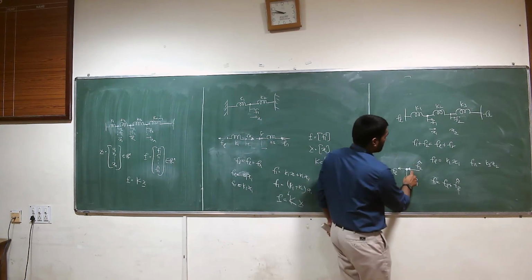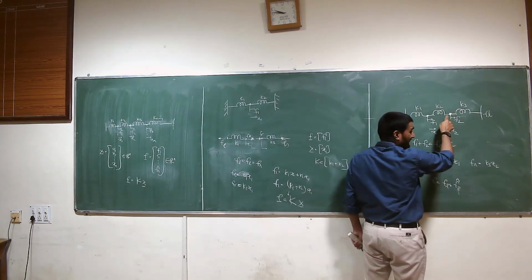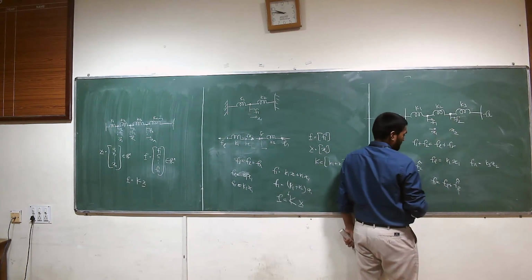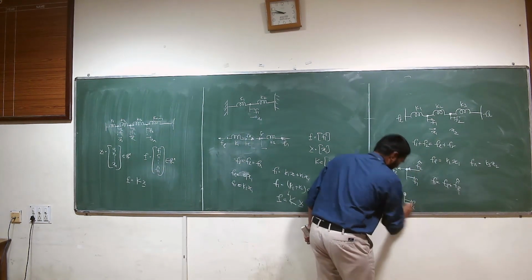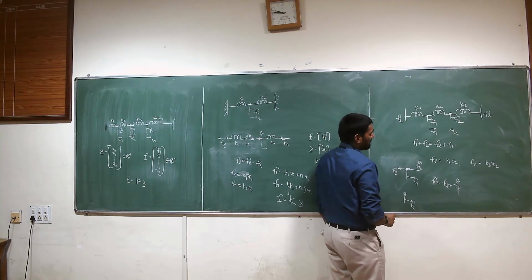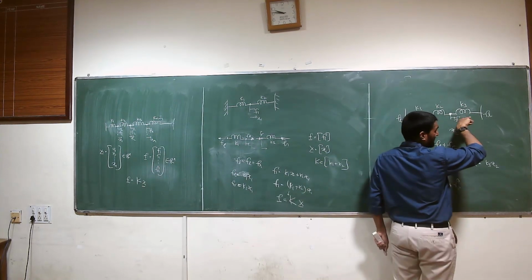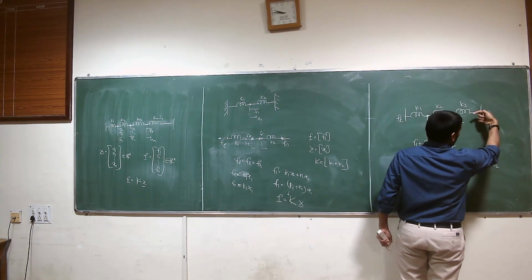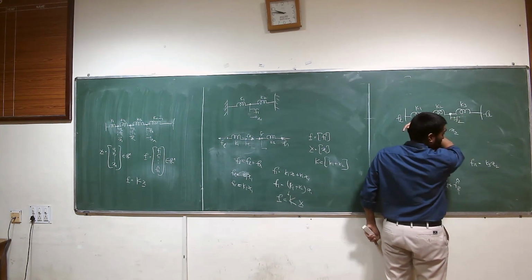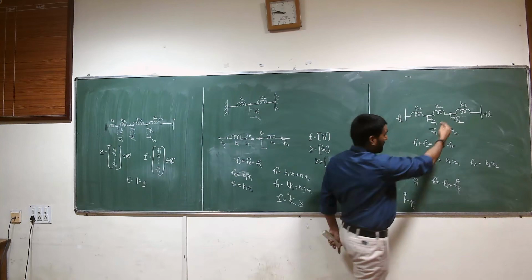What about this end? What are the forces that are acting here? There is F2. Now, let's assume this is getting compressed. That means there is a compression force here, but this spring would be pushing you back.